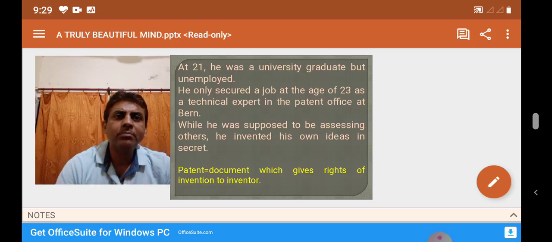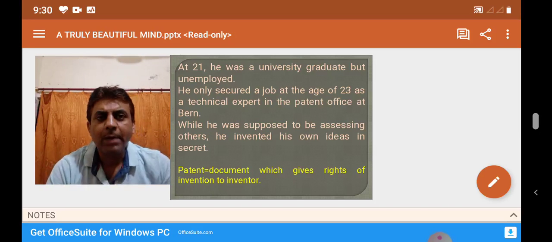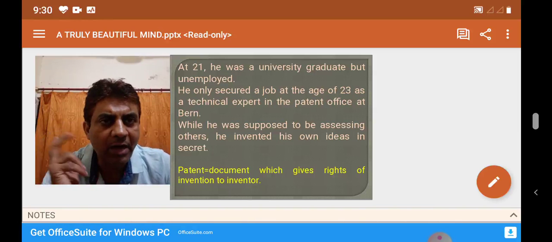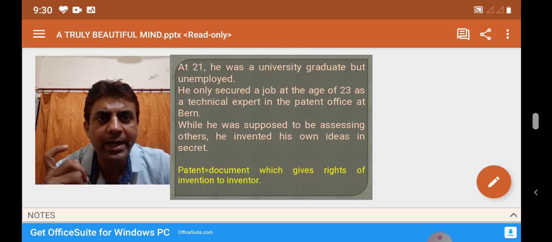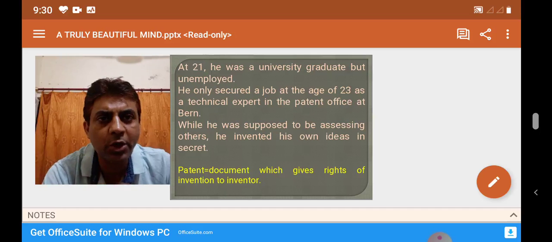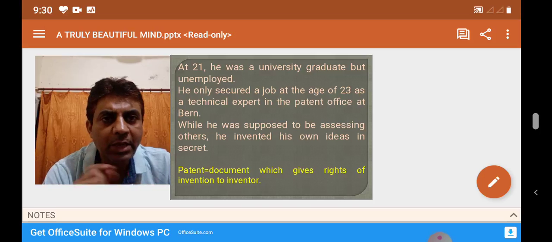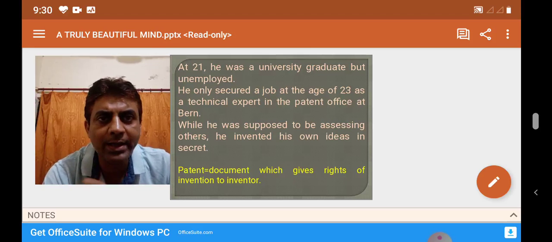At the same time, he was assessing others, but secretly he was developing his own ideas to bring forth the theory of relativity, so that his theory of relativity can be successful. He was working secretly on his theory.